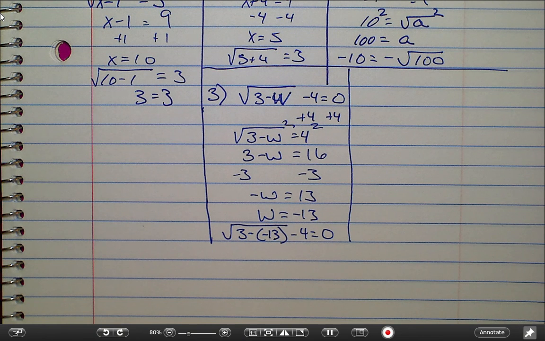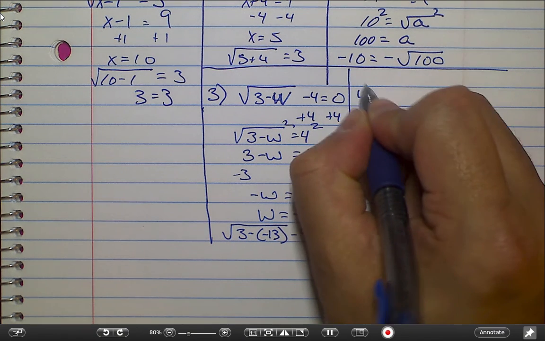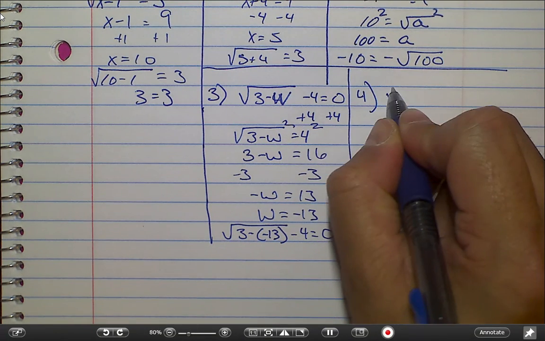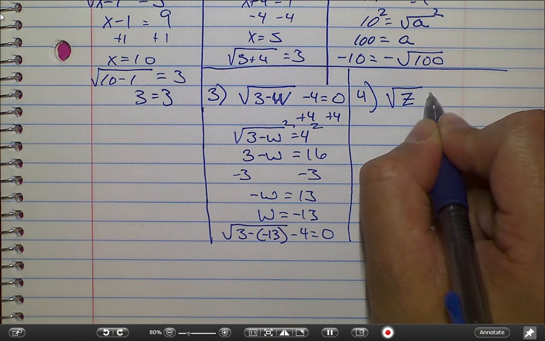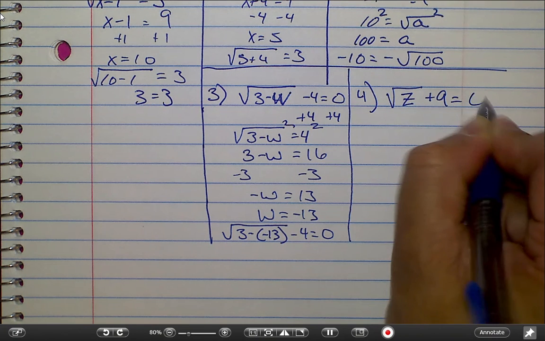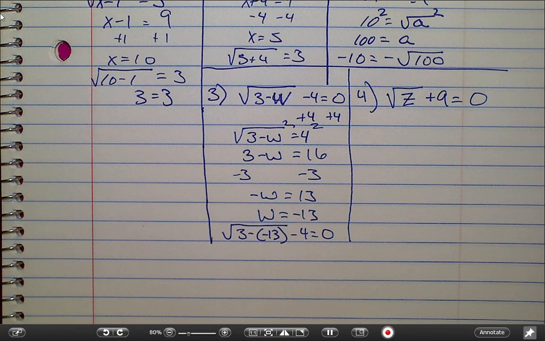All right, number 4 says square root of z plus 9 equals 0. Subtract 9. Okay, so you can try it out right now.